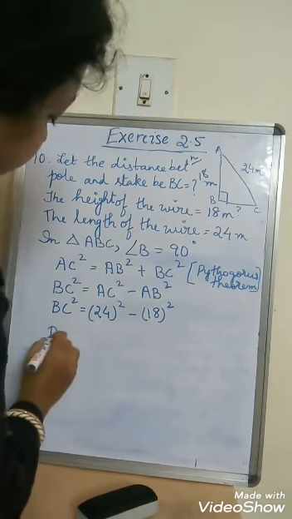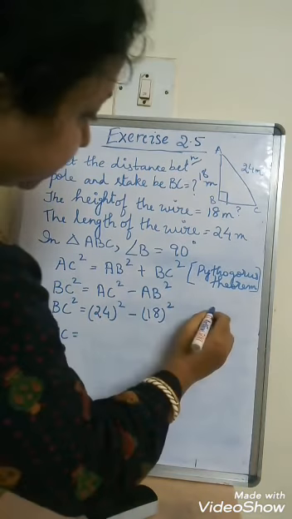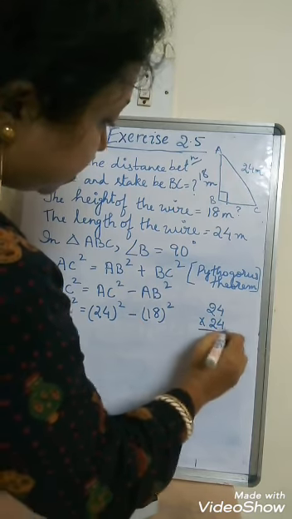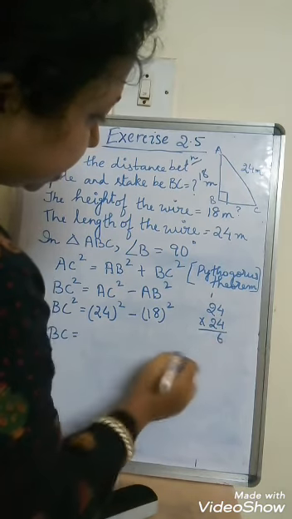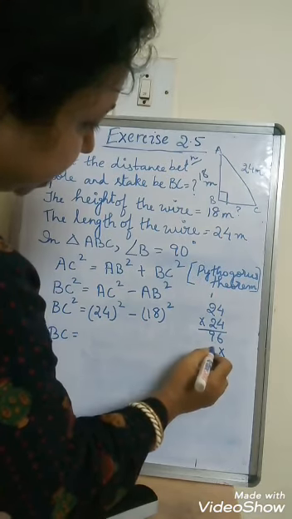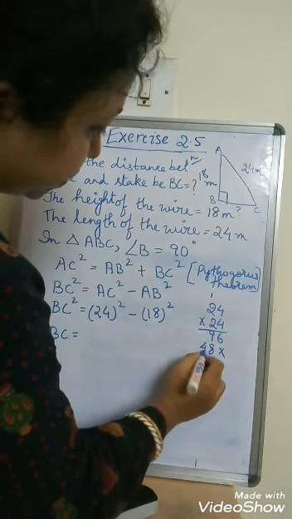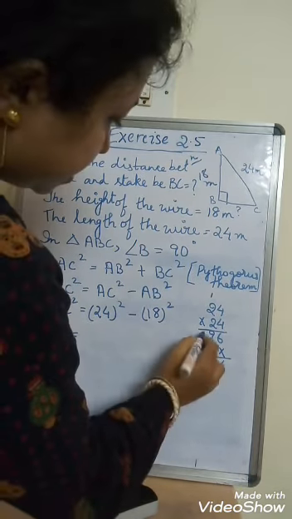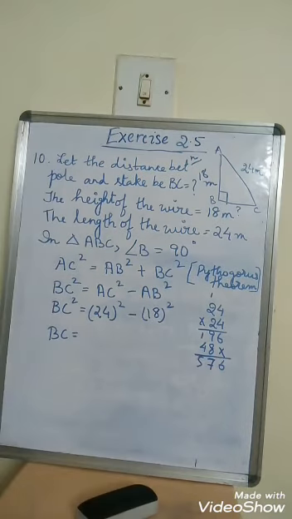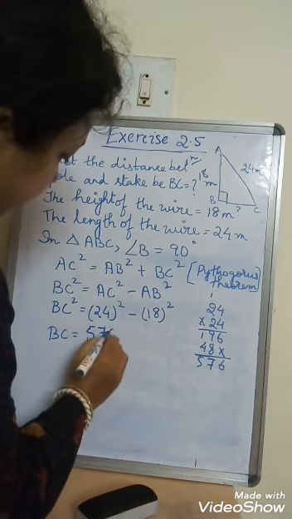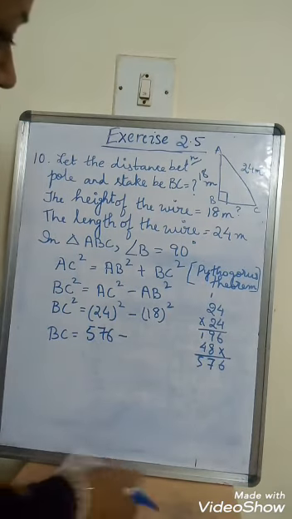So now BC square will be, let us do 24 into 24. 4 4s are 16, carry 1, 4 2s are 8 and 1 is 9, 2 2s are 4. So we got 576.